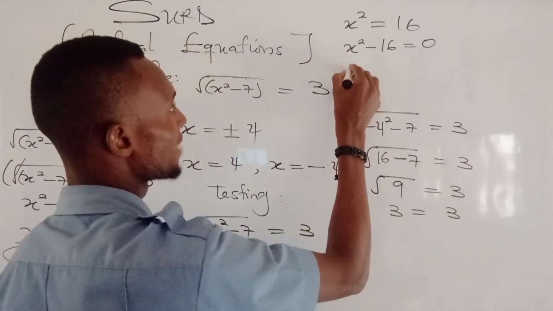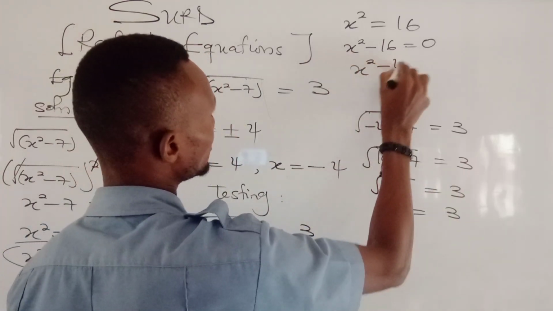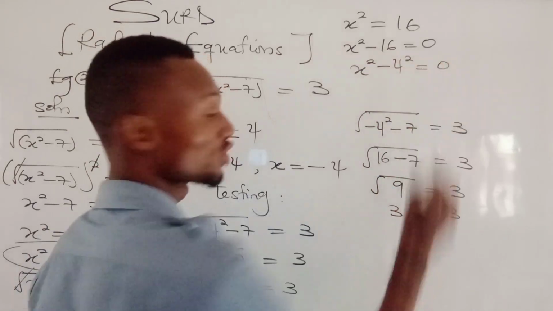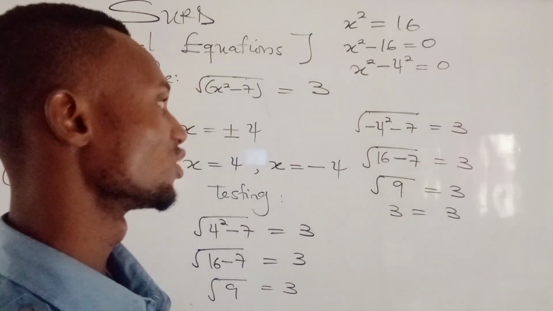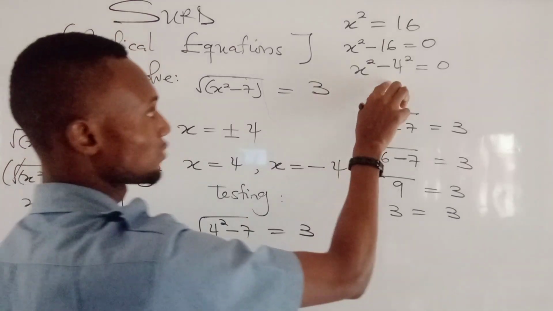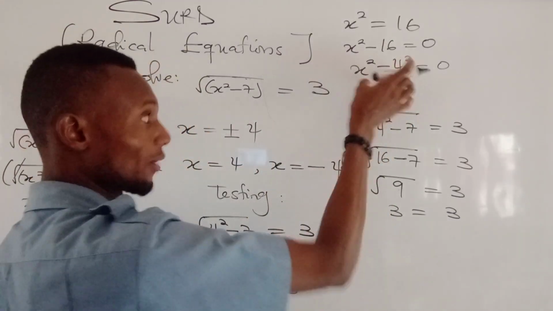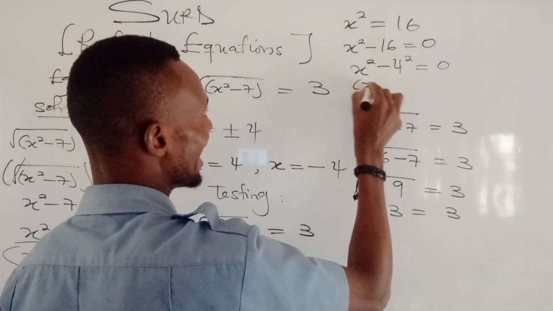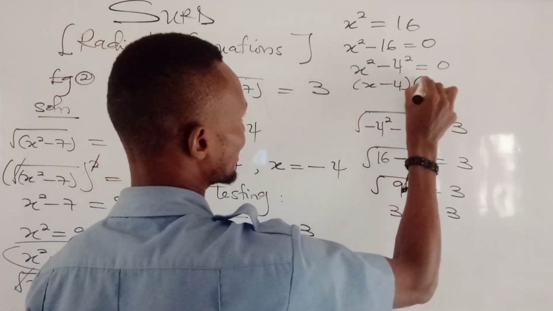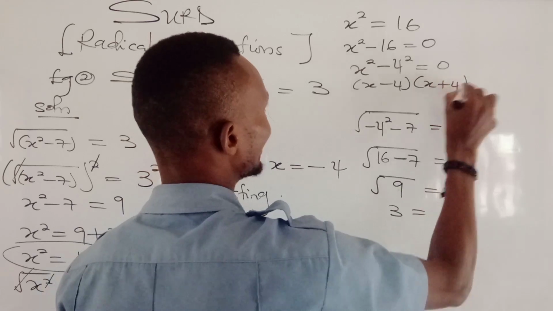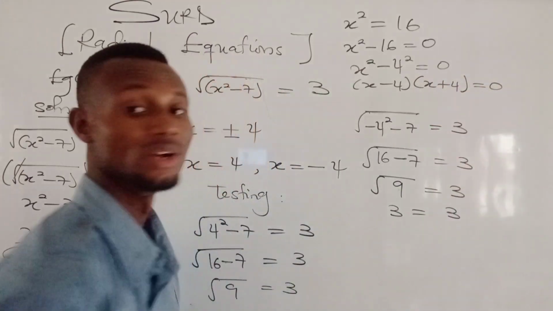So I have s squared minus 4 to the power 2 equals 0. I hope you agree with me up to this point. Now applying the difference of two squares to factorize this gives s minus 4 in one bracket, then s plus 4 in another bracket, equals 0.